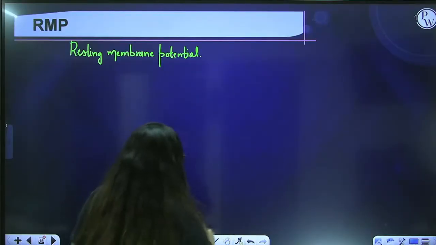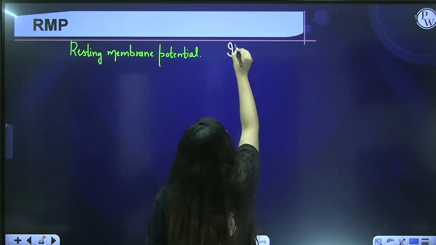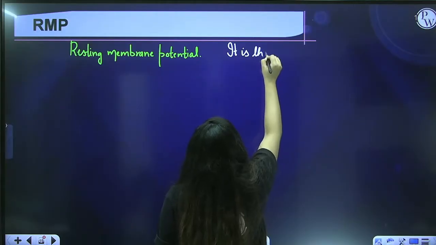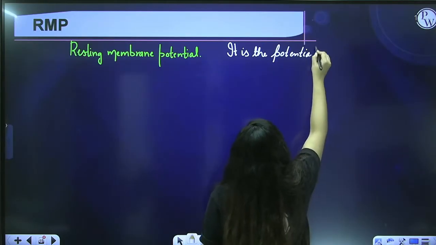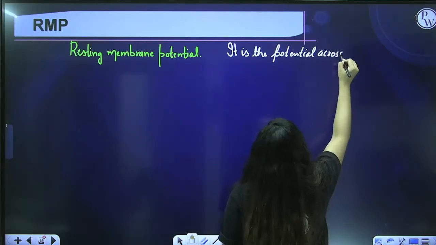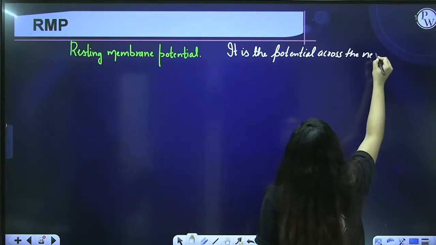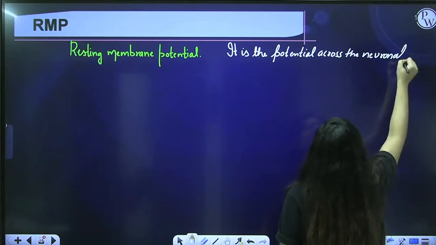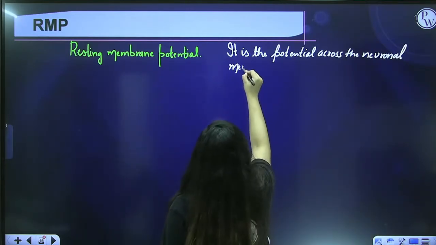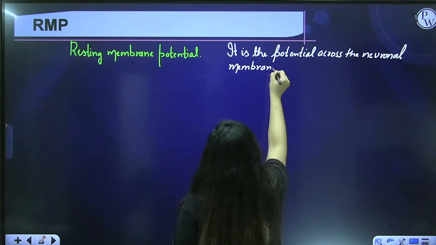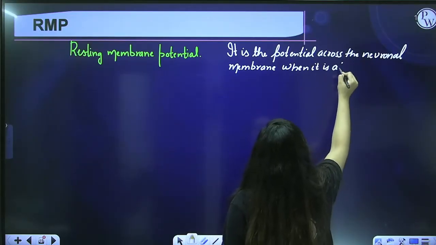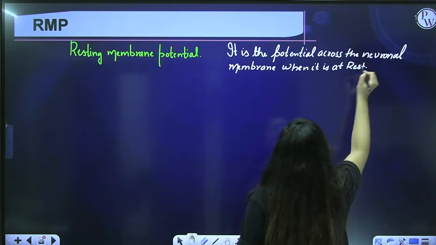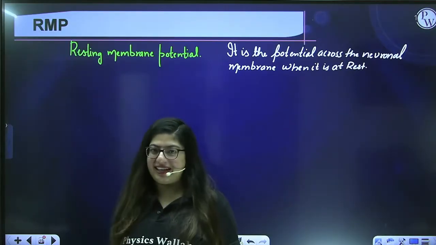So what is resting membrane potential? It is the potential across the neuronal membrane when it is at rest. When it is not doing anything, it is completely at rest.